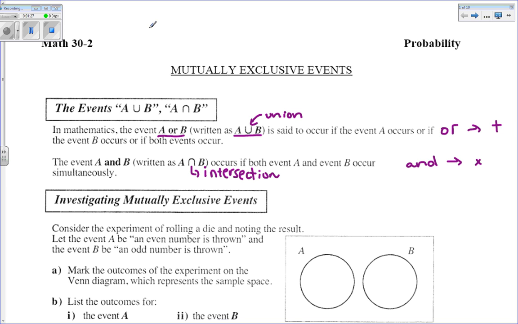And let's just remember that the probability of an event is equal to the number of outcomes favorable to the event divided by the total number of outcomes.